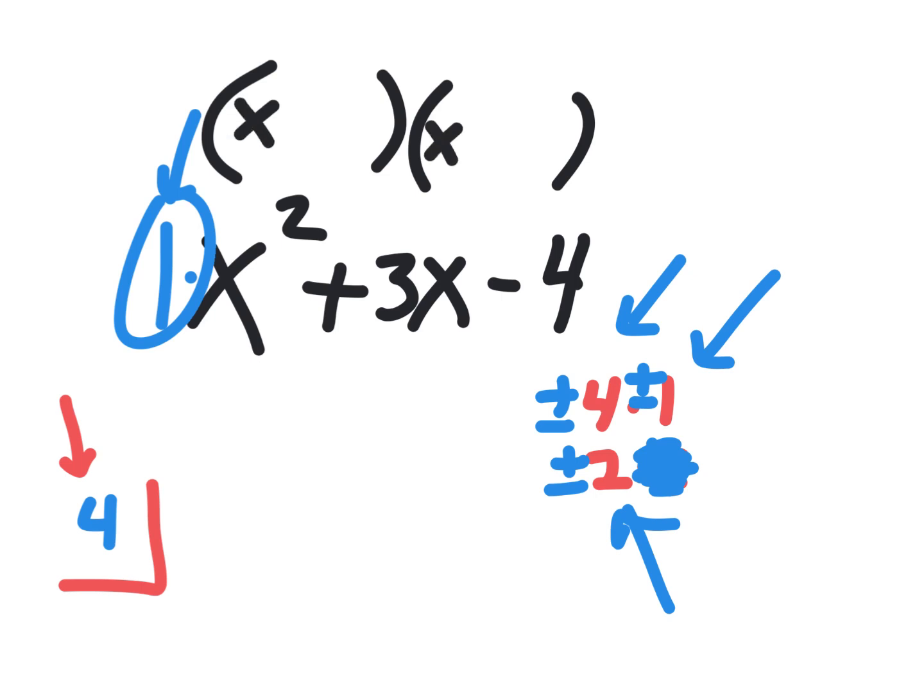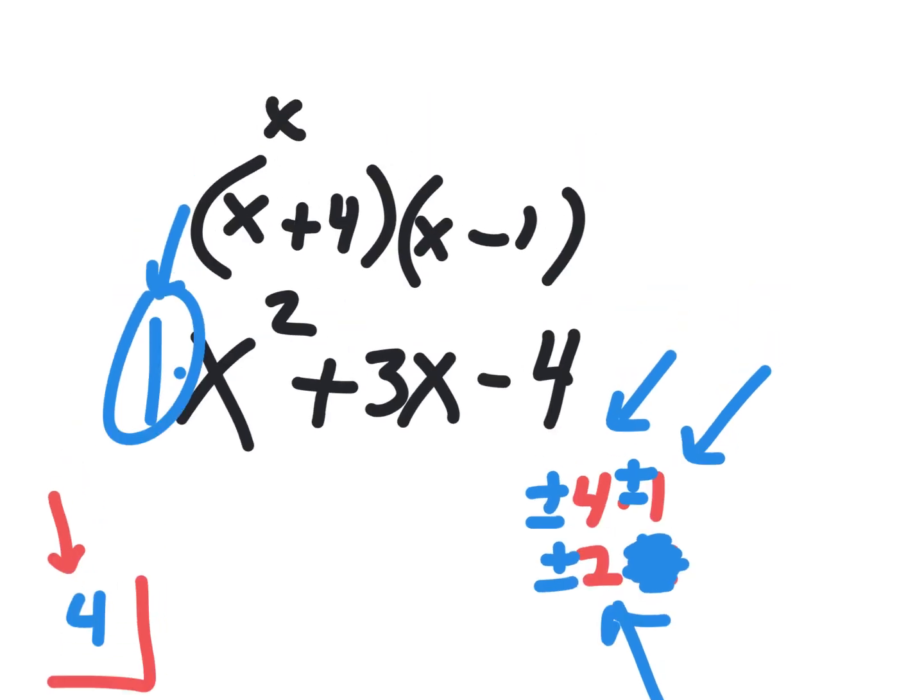Would you agree it would have been x plus 4 and x minus 1? Right? So what were the 2 winners? Out of those 1, 2, 3, 4, 5, 6 possible things, 2 of them would have worked. x equals negative 4 would have been a winner, and x equals 1 would have been a winner.